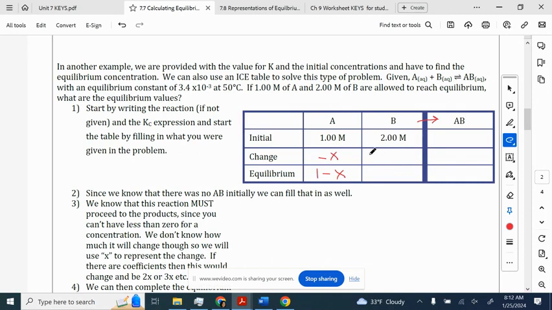This is going to be, we're going to minus an x2 in this column. This is going to be 2 minus x. Over here, we would have started with 0, and we're going to add x in. Okay.